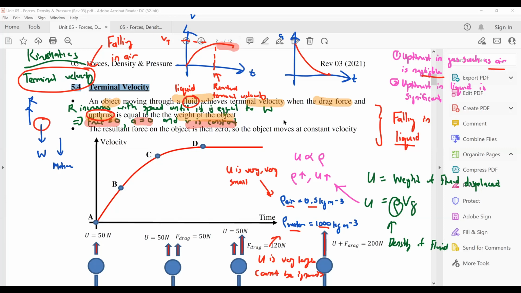All right, so that was one part here. For an object that's falling through a liquid, the object will still achieve terminal velocity. It will eventually reach a constant maximum speed, again because the opposing force increases such that it's equal to the weight.